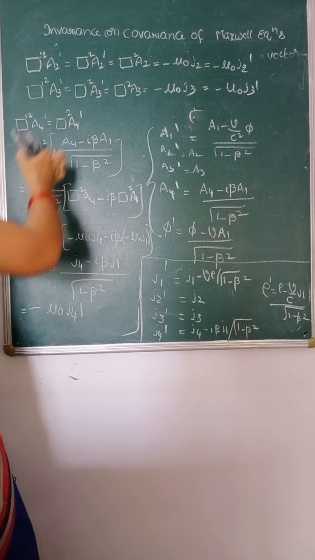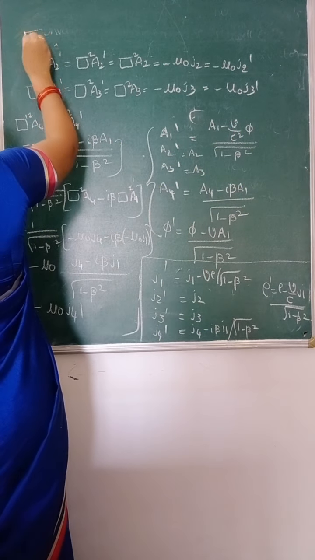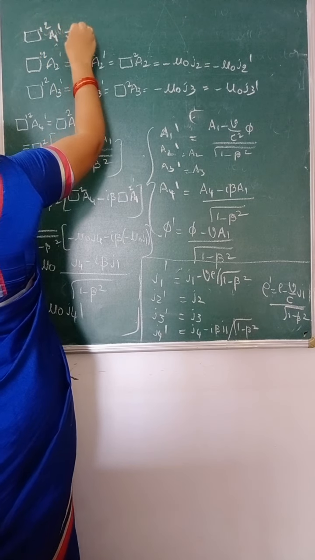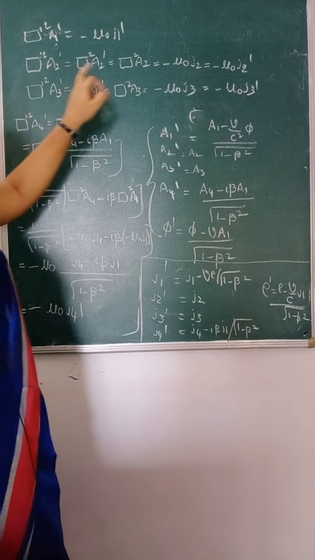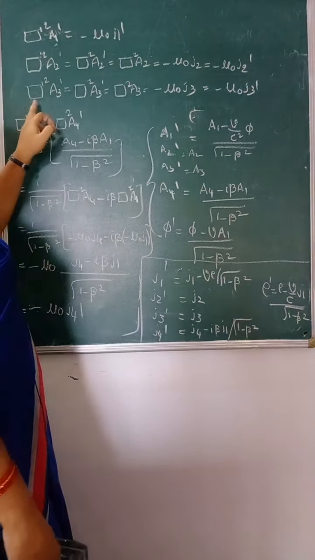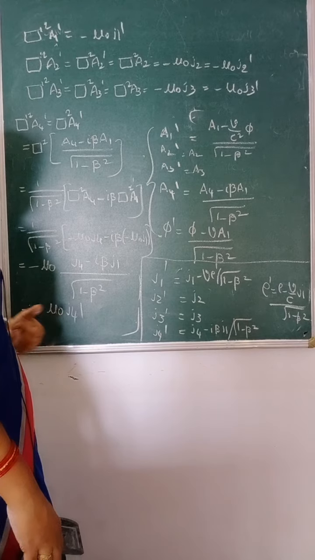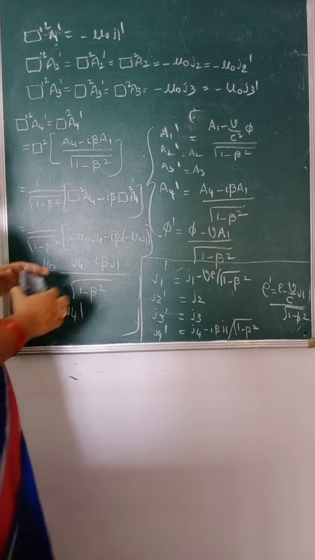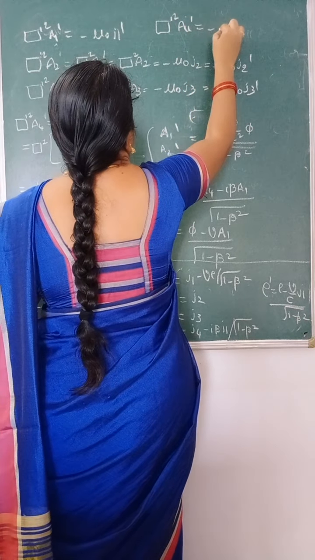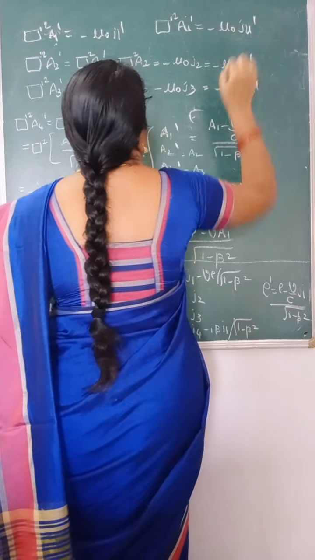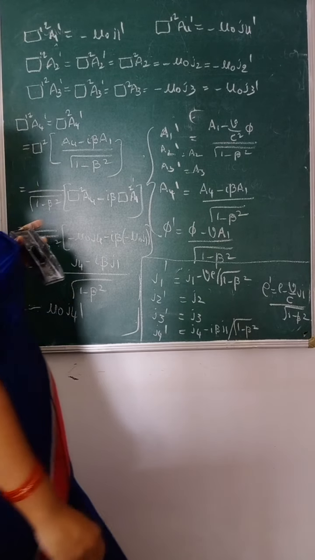Thus all these four equations, that is del dash square a1 dash is equal to minus mu naught into j1 dash, del dash square a2 dash is equal to minus mu naught into j2 dash, del dash square a3 dash is equal to minus mu naught into j3 dash, del dash square a4 dash is equal to minus mu naught into j4 dash, are combinedly written as del dash square au dash is equal to minus mu naught into ju dash, where u takes the values from 1 to 4.